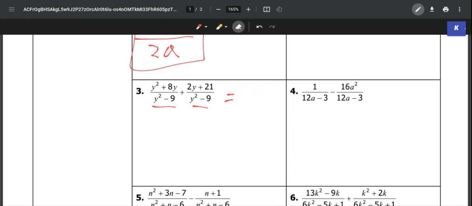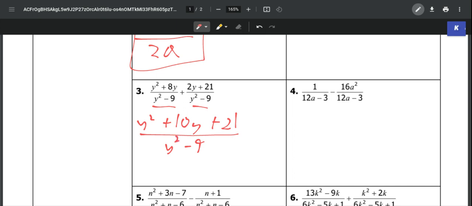So we'll get y squared plus 10y plus 21, because 21 doesn't have a like term to add with it. Then we're going to have y squared minus 9 on the bottom of our fraction.